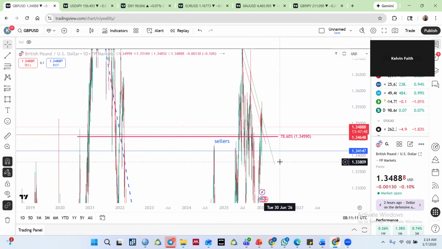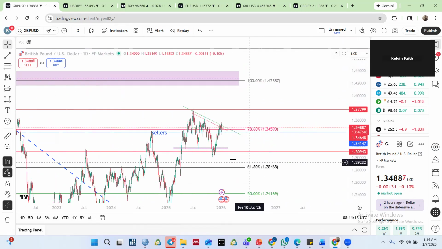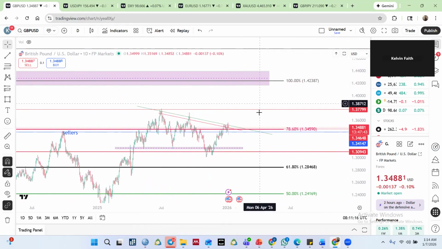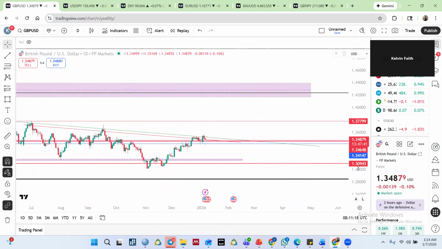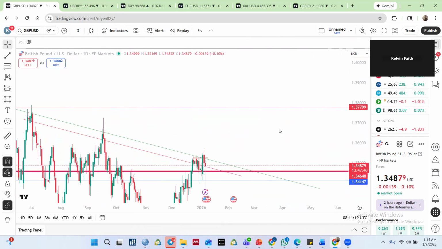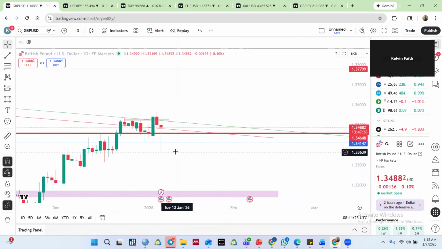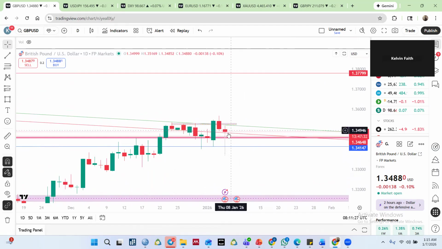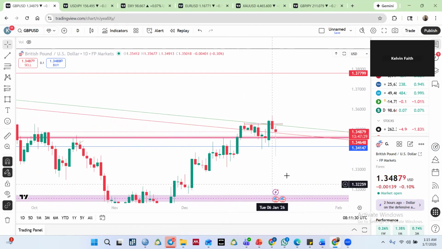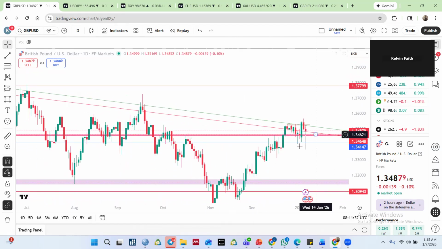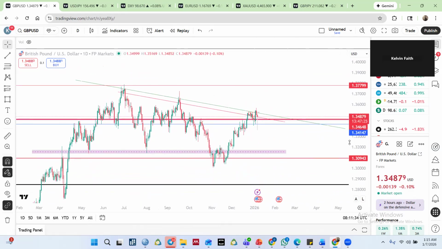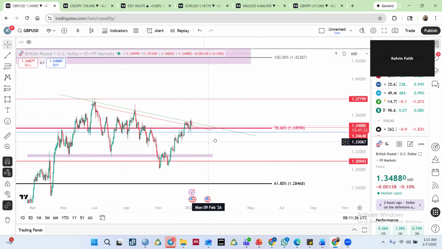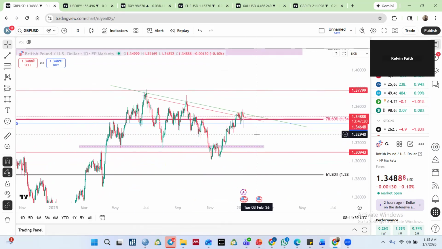Let's see from daily, weekly. So it went above, came here, hit here, hit here, and went up. We've been bullish for a lot of days.